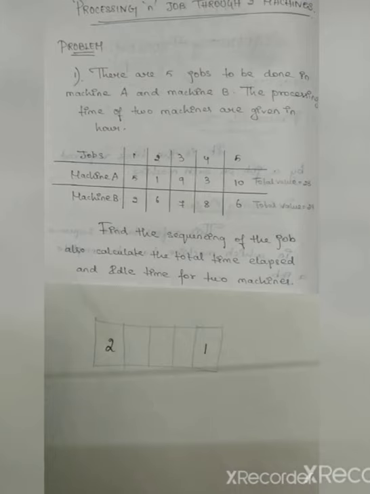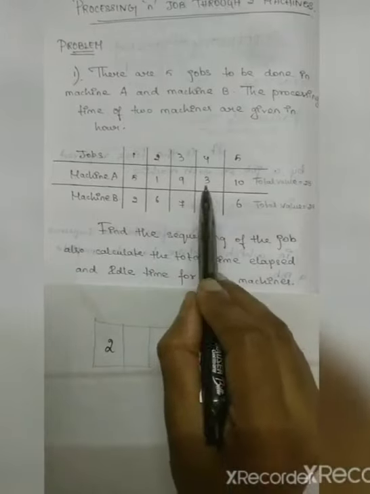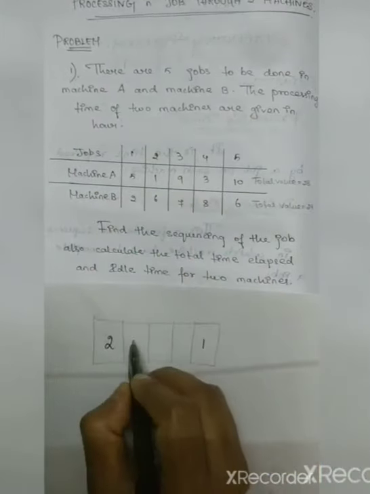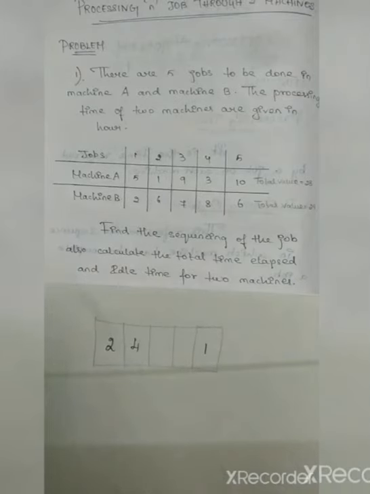The next step is to find the next least value. The next least value is 3. This 3 belongs to machine A, so job 4 will appear on the left side of the table. So 1, 2, 4 will appear. The remaining jobs are 3 and 5. For these, the least value will be 6.